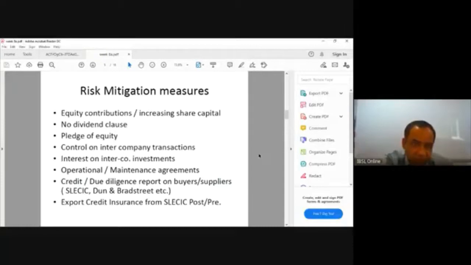Control on intercompany transactions. One of the major issues in a conglomerate, I mean a group of companies, where you will find a holding company and then many subsidiary companies, many associates and all that, is that many a time funds may be transferred.